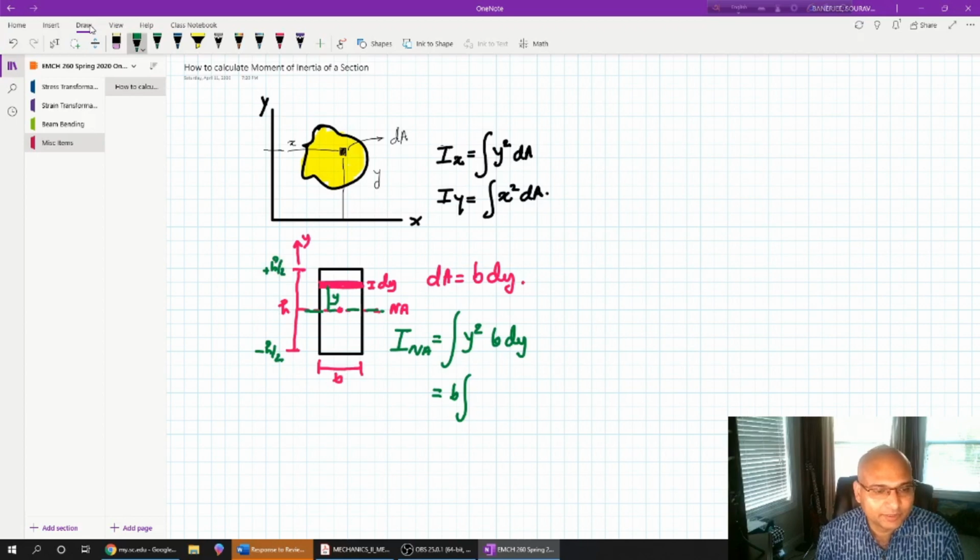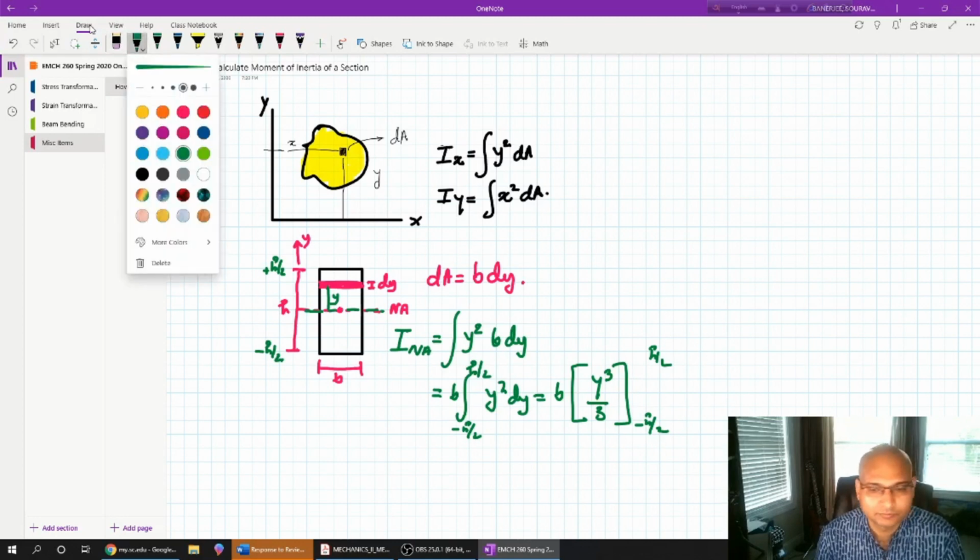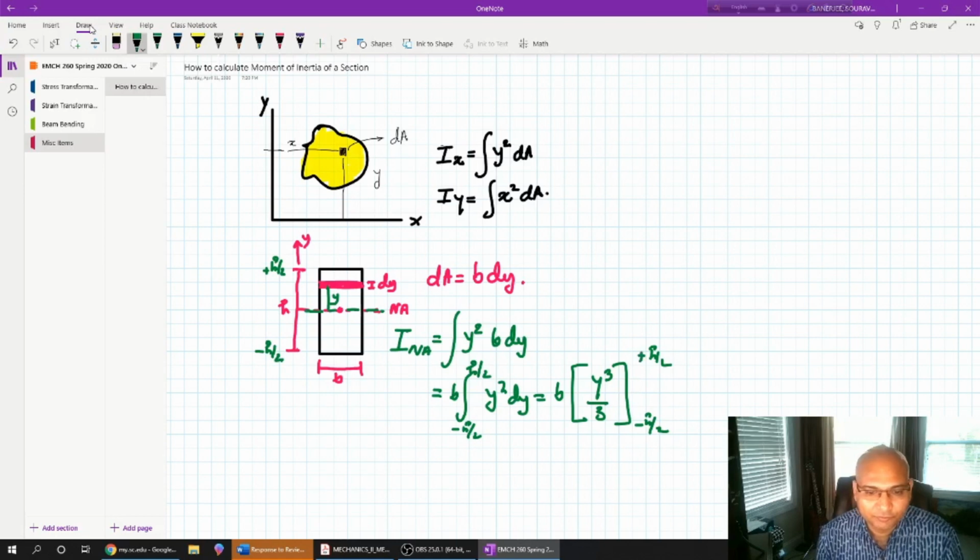Minus h by 2 is on the negative side of the axis, and then the positive side, with the axis starting from here. So from minus h by 2 to plus h by 2, I have y square dy. That gives me b into y cube by 3 from minus h by 2 to plus h by 2.